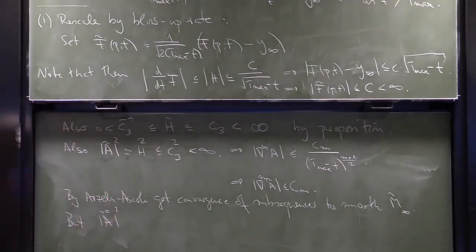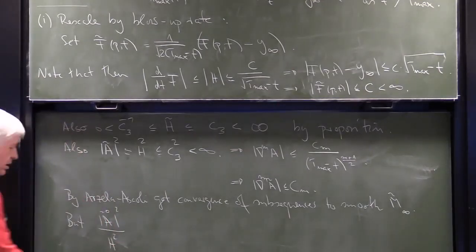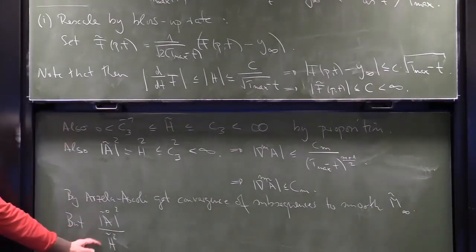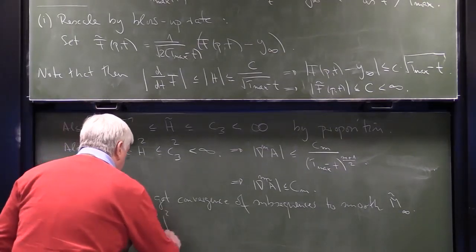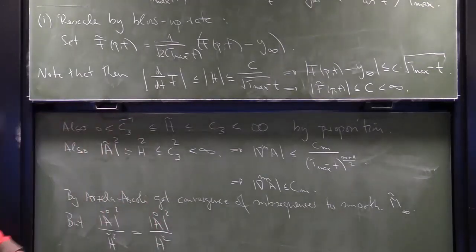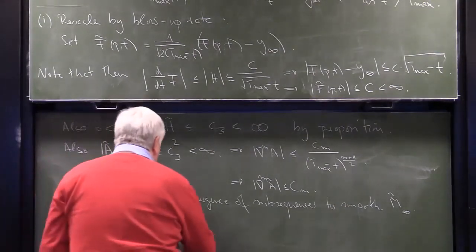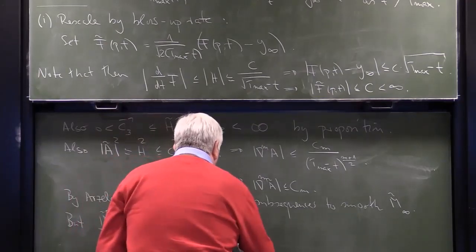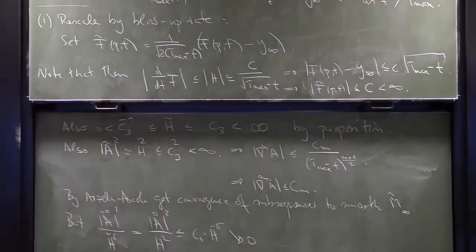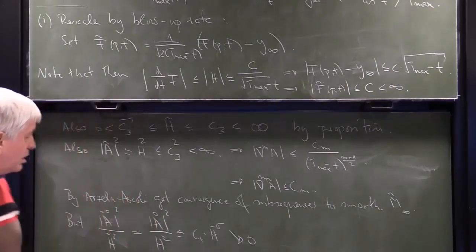The trace-free part of the second fundamental form divided by the mean curvature of the rescaled surfaces. Because it's scaling invariant, this is the same as the trace-free part of the original surfaces. Right? This is the scaling invariance. And this had the estimate C0 times h to the minus sigma, which tends to 0 uniformly, because we know that the minimum of the mean curvature also goes to 0.